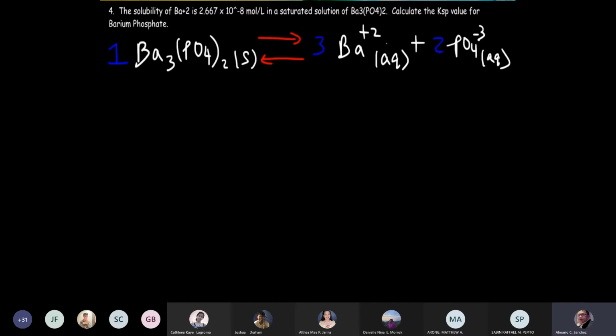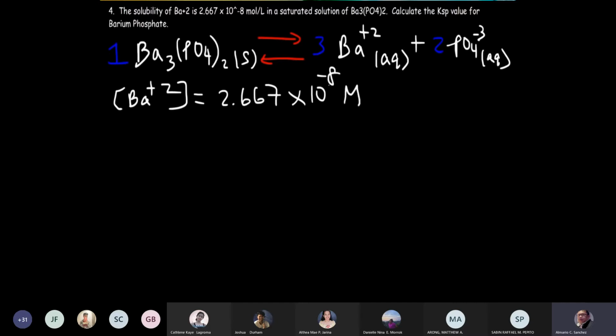Now we need to calculate the equilibrium concentrations of these two ions. We already have barium plus 2, which is good. The concentration for that is 2.667 times 10 to the minus 8. And that's in a saturated solution, so that's the equilibrium concentration. So what we need to do is take this value and convert it to the concentration of phosphate. And we can use the balanced chemical equation to do that.